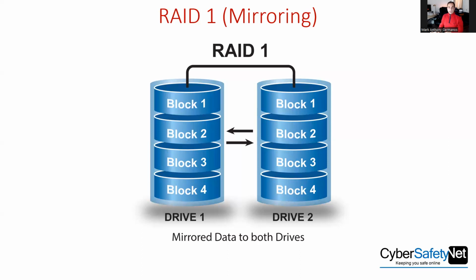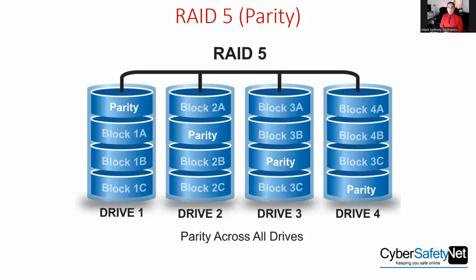Let's continue on and talk about my favorite, RAID 5, striping with parity. And this works when you have 3 or more disks minimum. And that's because you have 3 disks. The first disk has parity information for the other 2. The second disk has parity information for the first and the third. And of course, the third disk has parity information for 1 and 2.